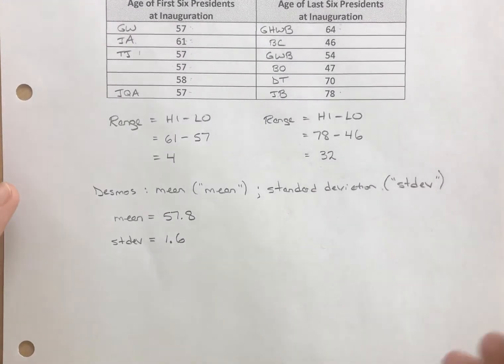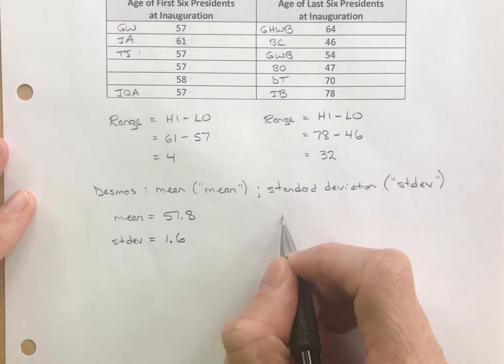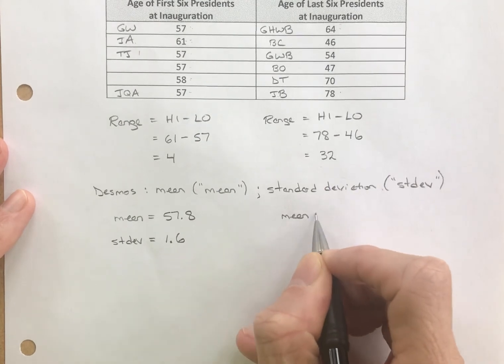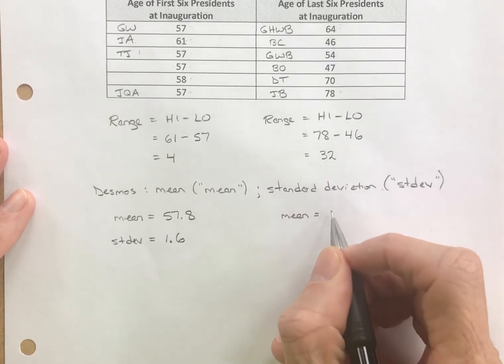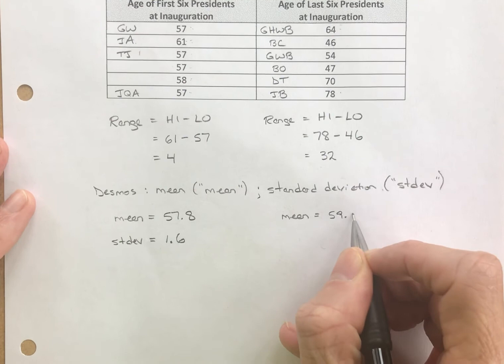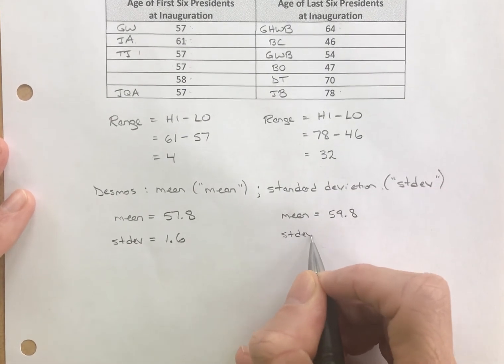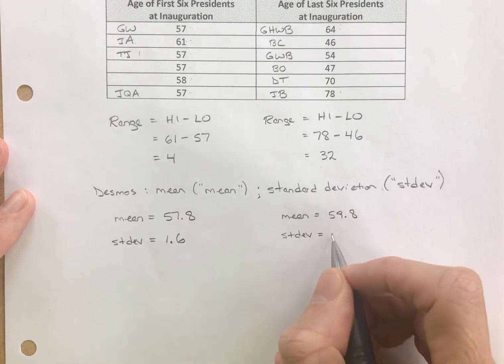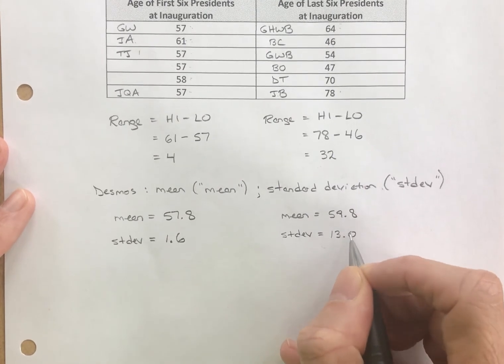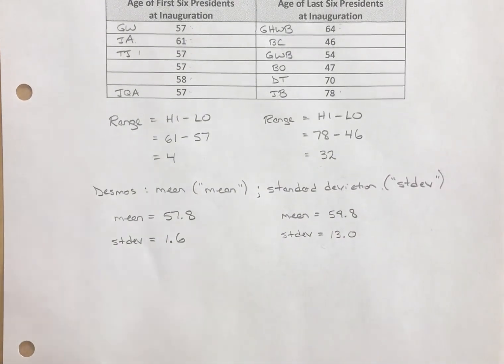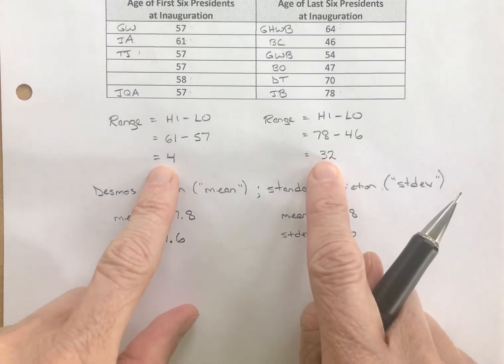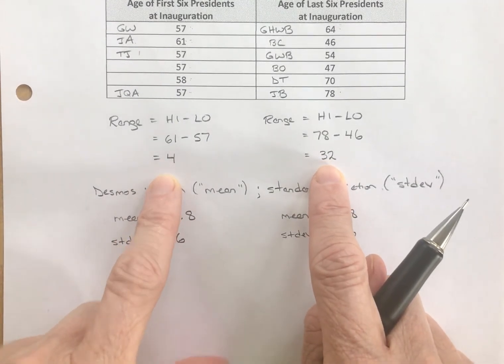All right, back to here. So we found out that for the last 6 presidents, the mean is equal to 59.8 to the nearest tenth, and the standard deviation to the nearest tenth is 13.0. Now I want you to notice something here. We can see this in the range that we're going to have quite a difference.